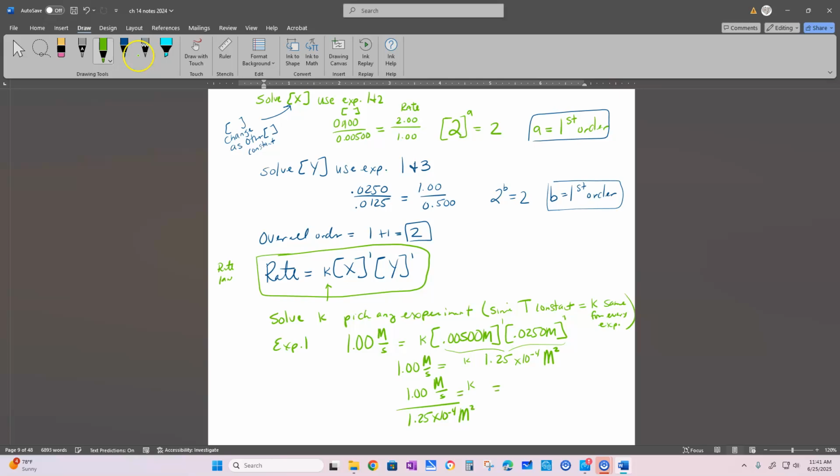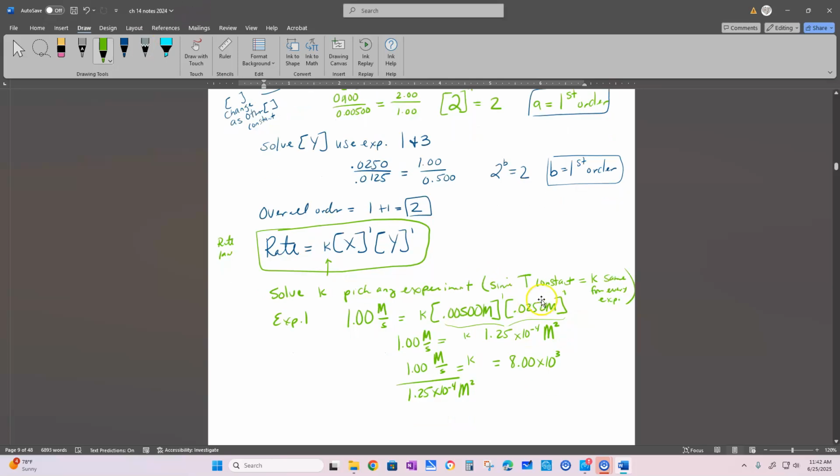Doesn't seem too hard in math. Take the two numbers, divide 1.00 by 1.25, E button, negative 4, and big number. It looks like we need 3 sig figs, and my calculator says 8,000. So we're going to have to go scientific notation. So 8.00 times 10 to the third.